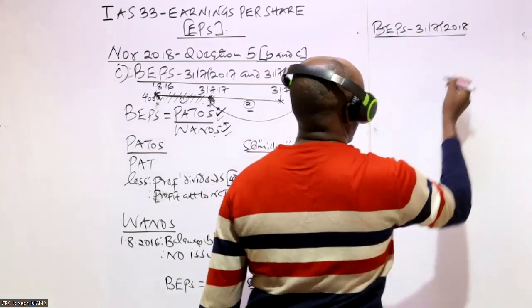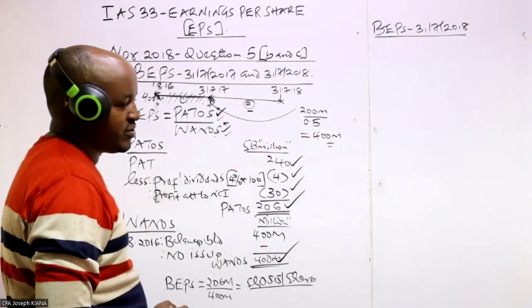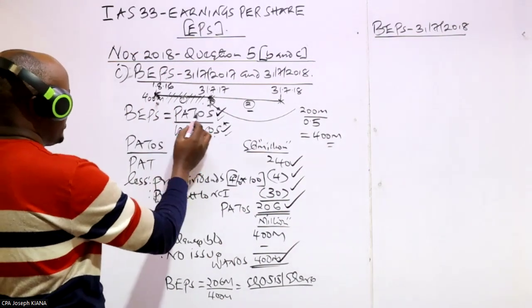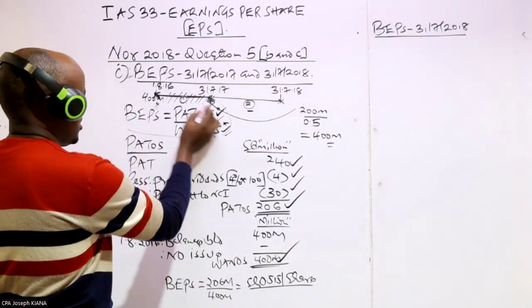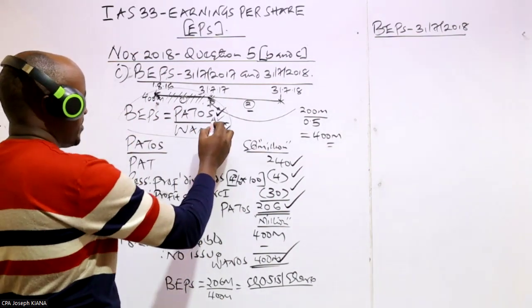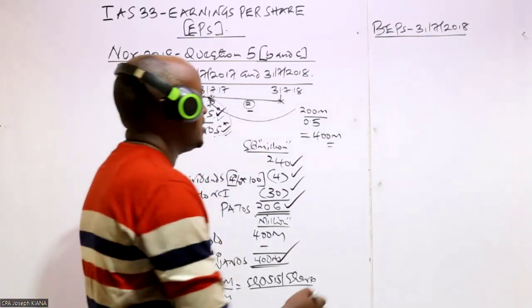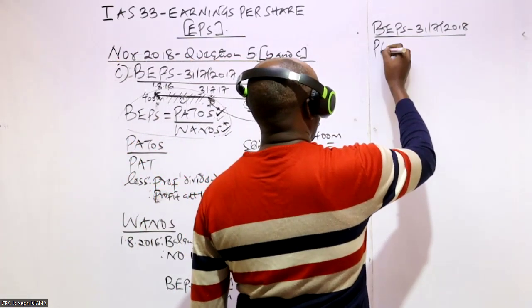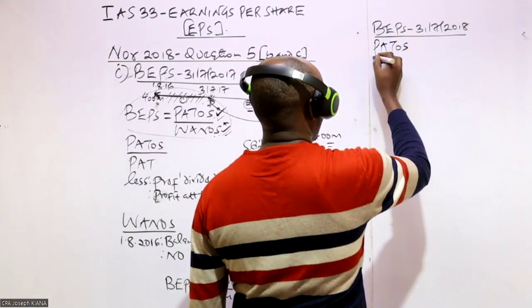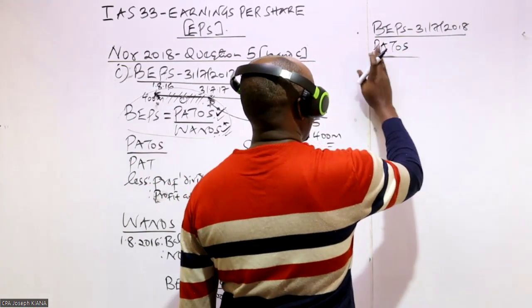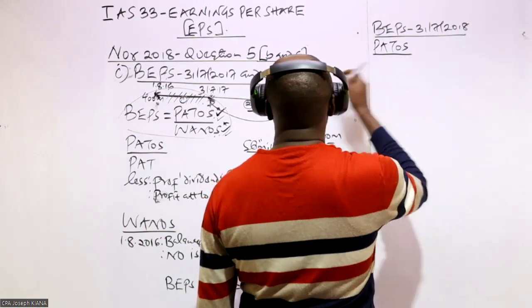We don't need to repeat our formula, but we need to know that to compute that basic earnings per share, this is the formula which we use here. So we need to compute the PATOS and the weighted average number of shares for 2018. So let's start by computing the PATOS, the profit attributable to ordinary shareholders. The computation of this remains the same as what you have done here.